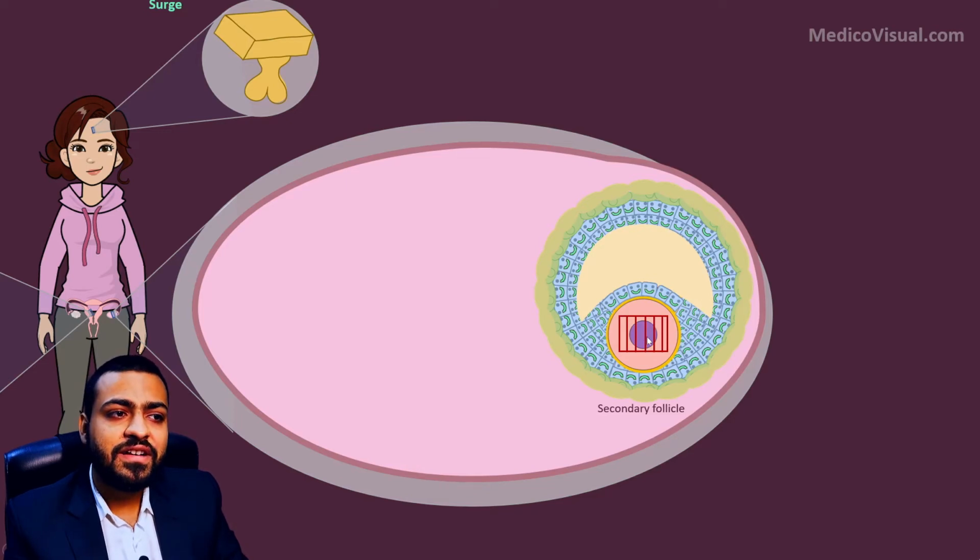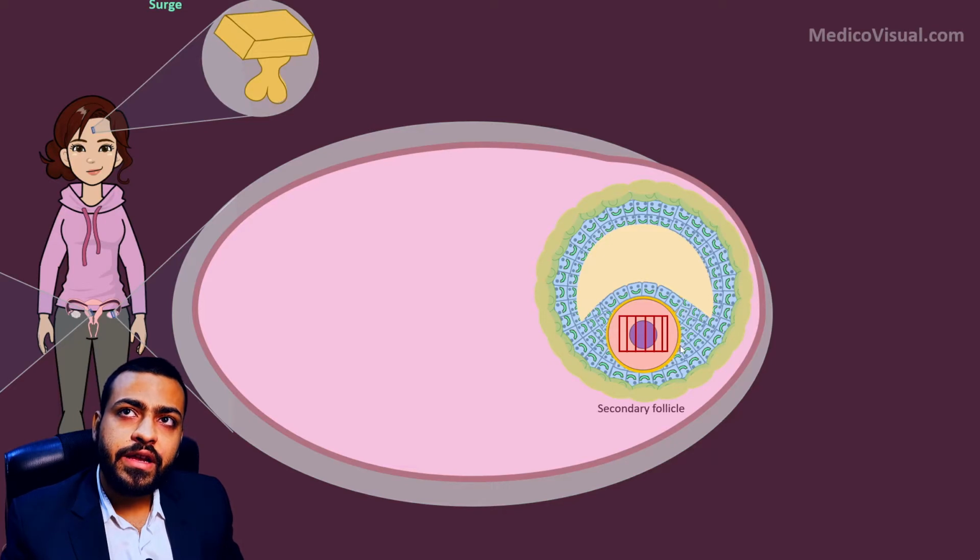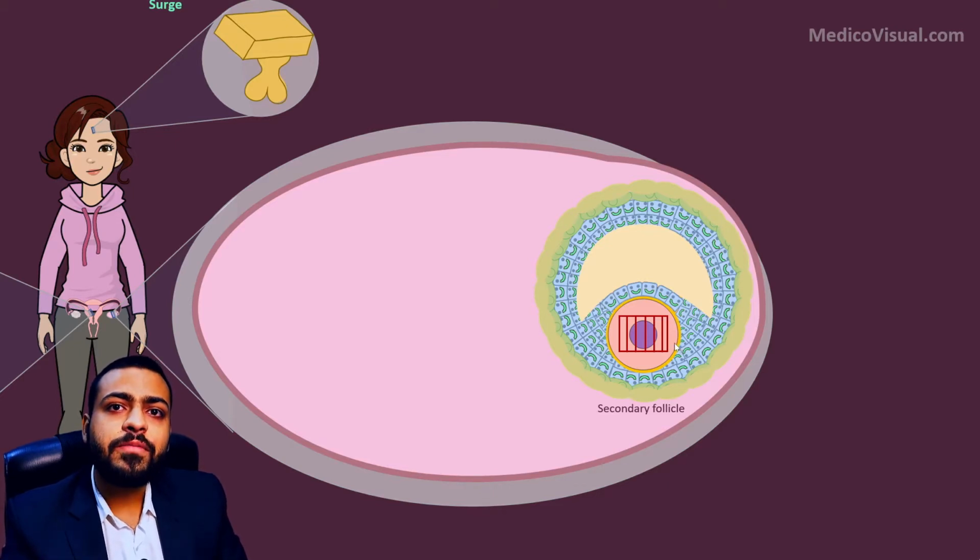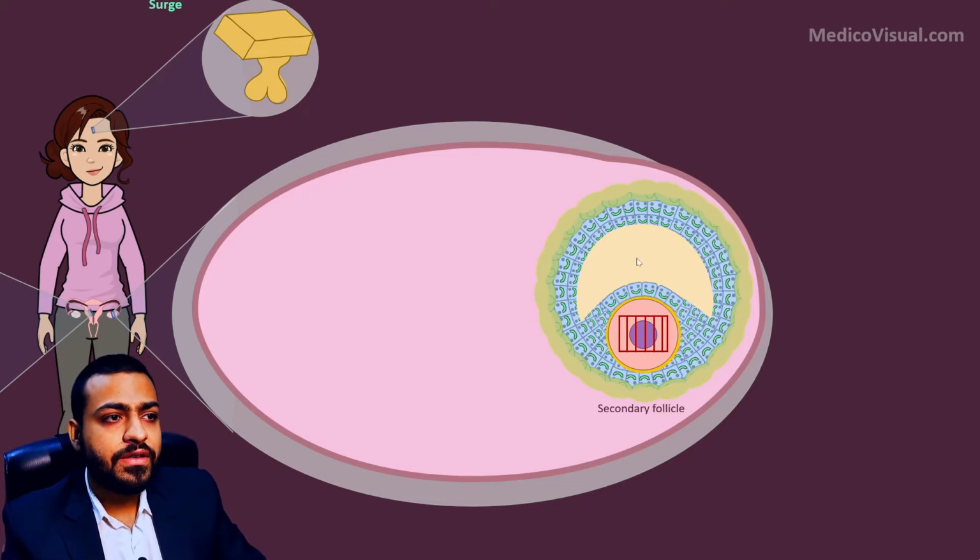Because this primary oocyte has also grown fully, it has accumulated as much cytoplasm and as many organelles as it needs for the nourishment of the embryo and for whatever the requirements of the embryo are. The follicle has also fully grown, so it is the time that it should be allowed to complete its meiosis process, right? So how will it complete the process of meiosis?